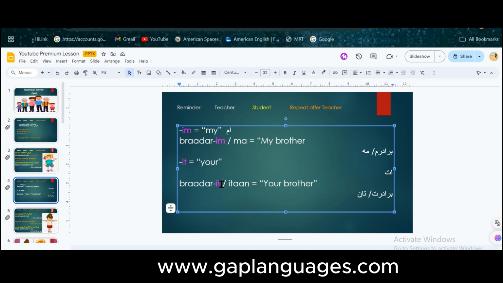The simple answer is, it shows possessive, and ton also shows possession, but the only difference is we use this one in informal situations and ton in formal situations. So brodarat is informal, and brodaraton is formal.